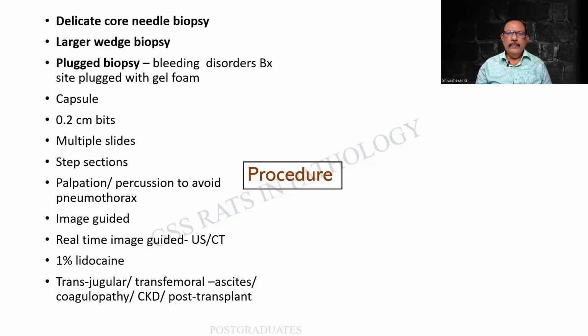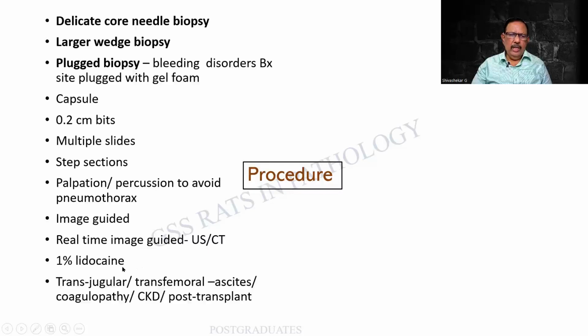As a procedure, a physical localization of the liver is essential. There has to be a palpation and a percussion of dullness, at which site the aspiration is done, to avoid a pneumothorax. Sometimes it can be image guided, and there can be a real-time image in the form of ultrasound or CT scan.